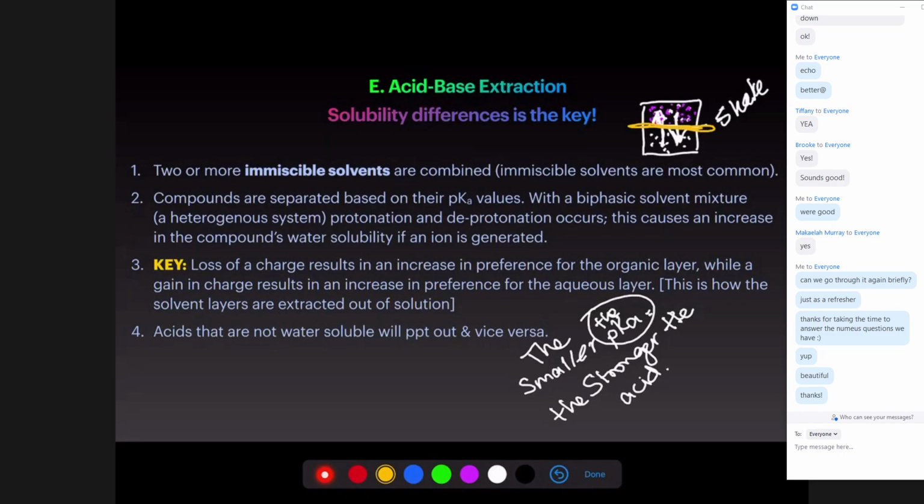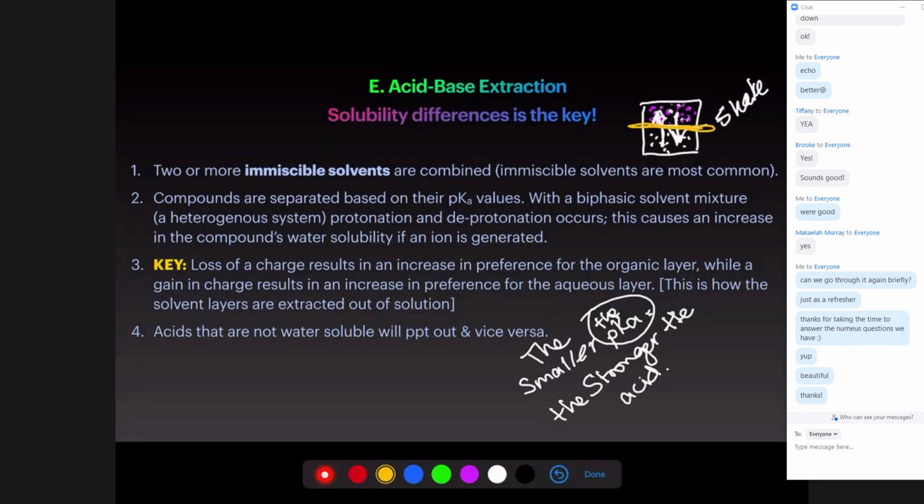Let's keep going, and then I'll ask that question again and see if it makes more sense, because I think if we keep going, we can get this. So the main key for acid-base extraction is the solubility differences. In step 2, compounds are separated based on their pKa values with a biphasic solvent mixture, which means a heterogeneous system.